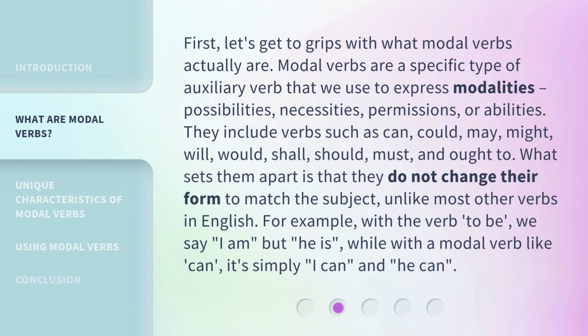What sets them apart is that they do not change their form to match the subject, unlike most other verbs in English. For example, with the verb to be, we say, I am, but he is, while with a modal verb like can, it's simply, I can, and he can.